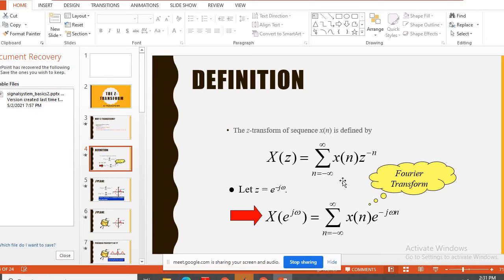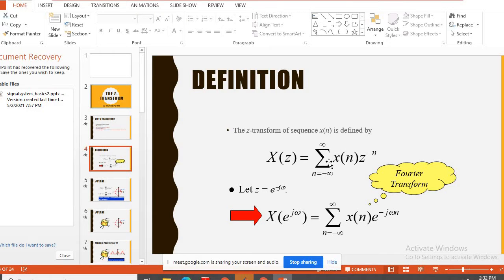Now, for example, your signal x of n may exist for some interval, say from 0 to 5, or maybe from some minus to plus. Its occurrence varies as per the respective input signal, so in the same fashion you are supposed to change the limits here. It is not always minus infinity to infinity.